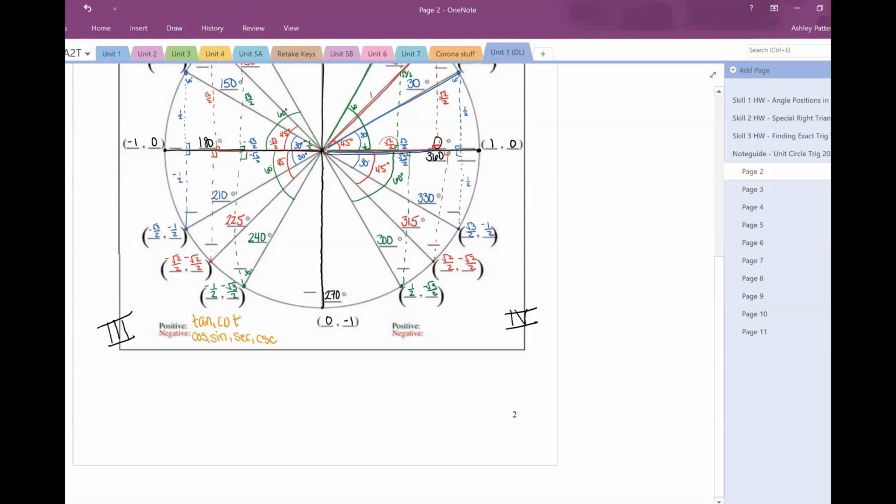For the fourth quadrant, if cosine is positive and sine is negative, how do I know that so fast? Because the coordinates are cosine comma sine, and their reciprocals follow suit. And you have sine divided by cosine for tangent, so negative over a positive. Yep, tangent is negative also.